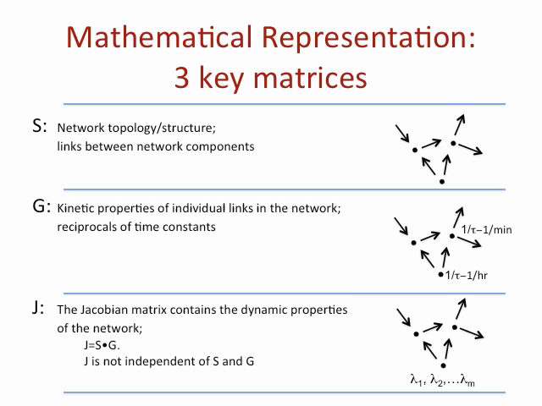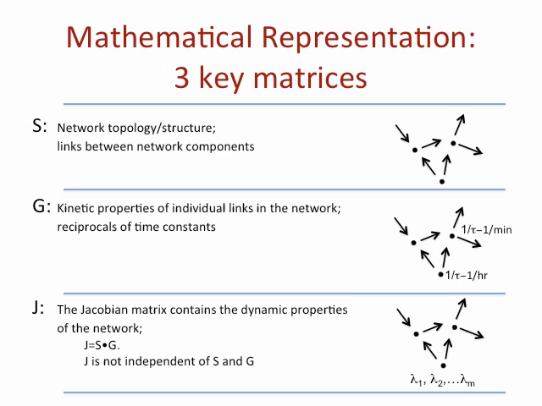This slide shows schematically the information conveyed in three different matrices. The first one is the stoichiometric matrix called S, and it gives us simply the structure of a network, or its topology, as it's called.